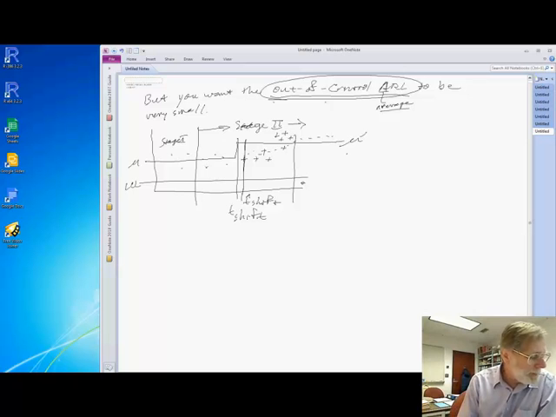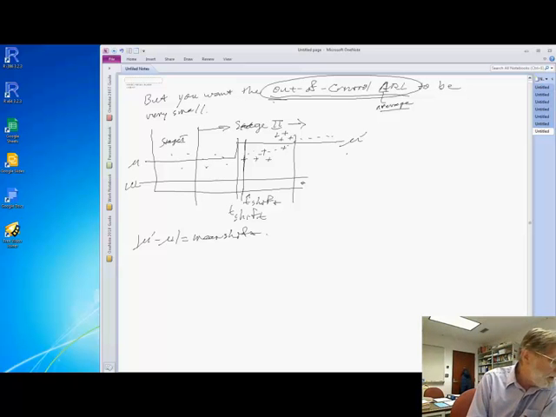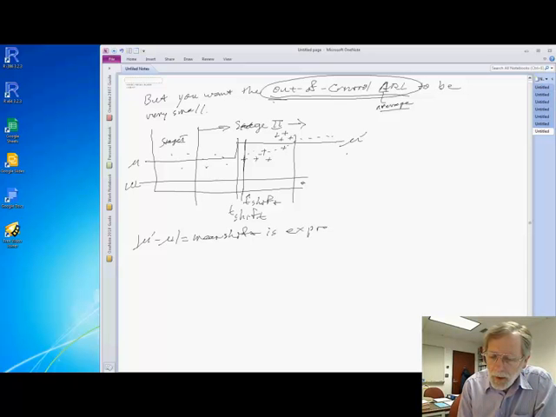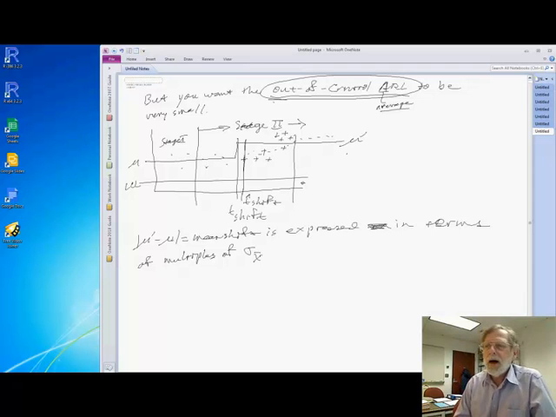And the absolute value of mu hat minus mu, which is a mean shift, is expressed in terms of multiples of sigma x bar in order to make it dimensionless.